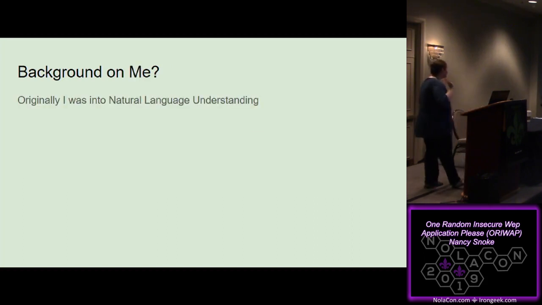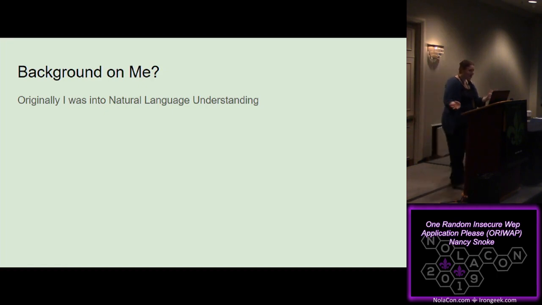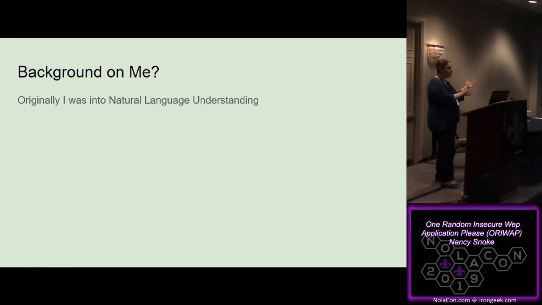But luckily for me, I love natural language understanding. That was what I was originally into when I was 18, 19. This combines what I used to love before I got into security with what I love now, because I get to do some natural language generation.